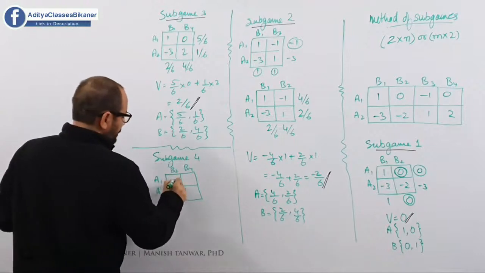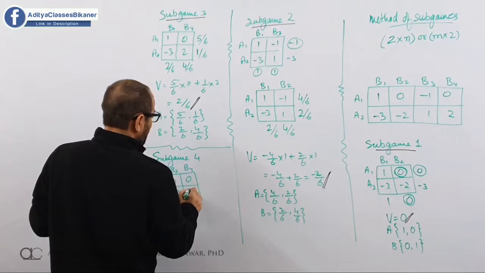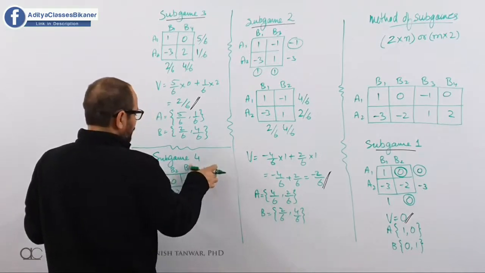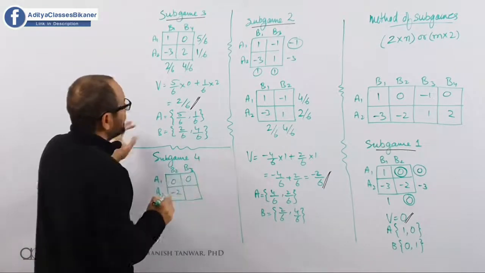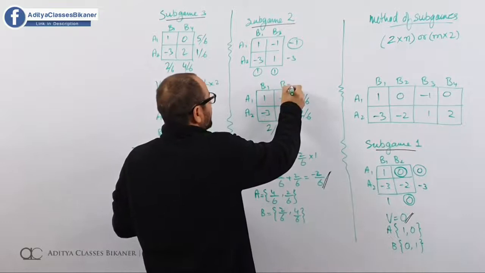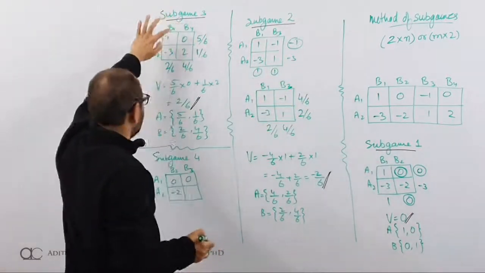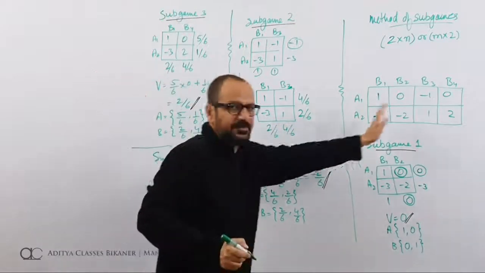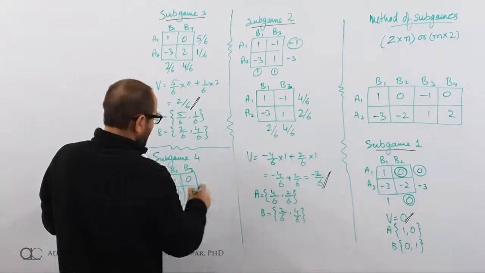For B2 we get 0 and -2, we get 0 and B2 and B3 should have been a subgame. First we should check B2 and B3. We have checked B1 against B2, this was B3. We have checked B1 against B2, against B3, against B4. Now let me check B2 against B3 and B4. So this will be B3 and B2 against B3. -1 and 1.